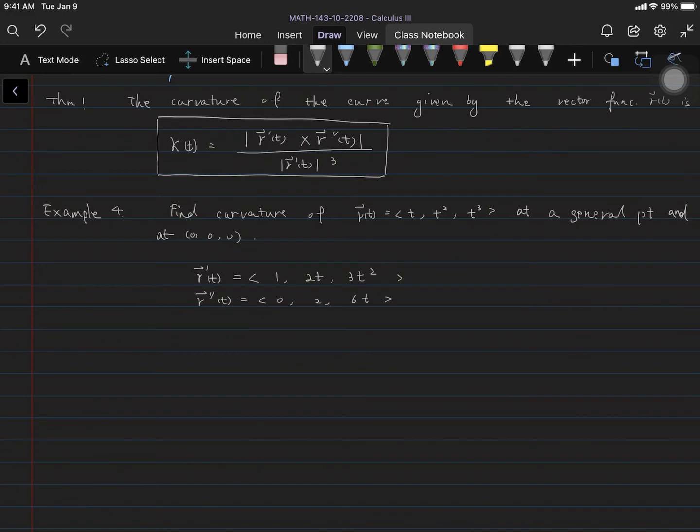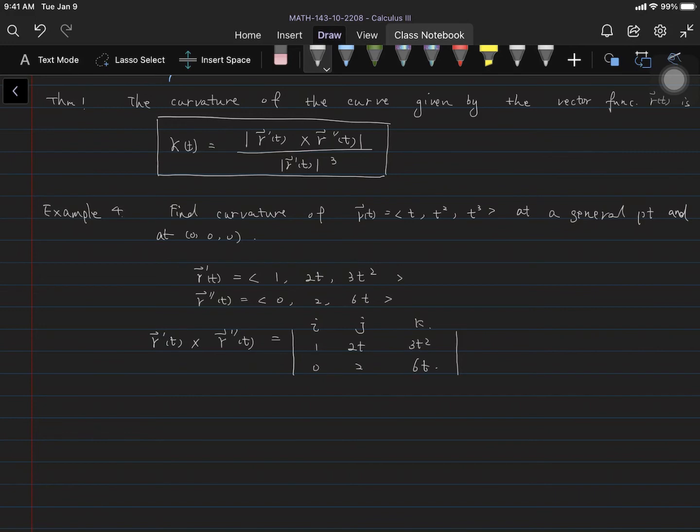And then we calculate the cross product. The cross product equals the determinant of the 3 by 3 matrix with i, j, k, then r prime: 1, 2t, 3t squared, and 0, 2, 6t.